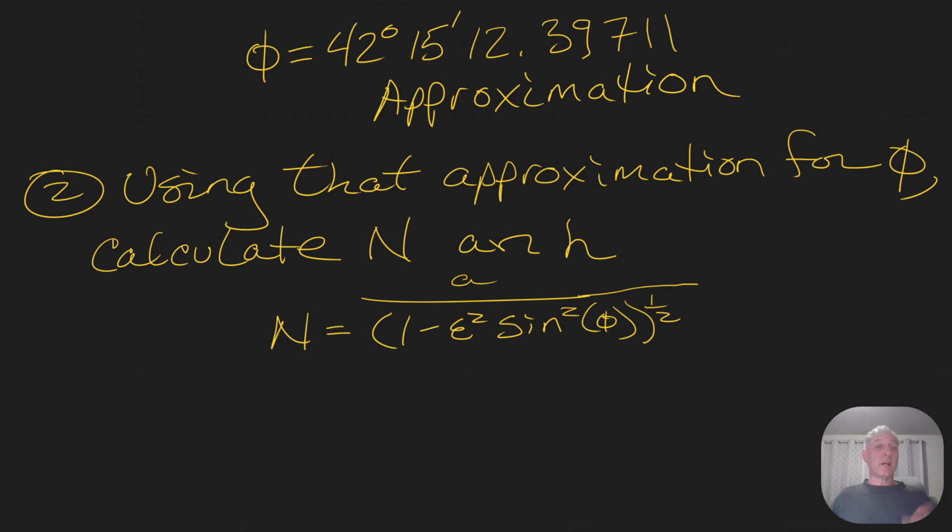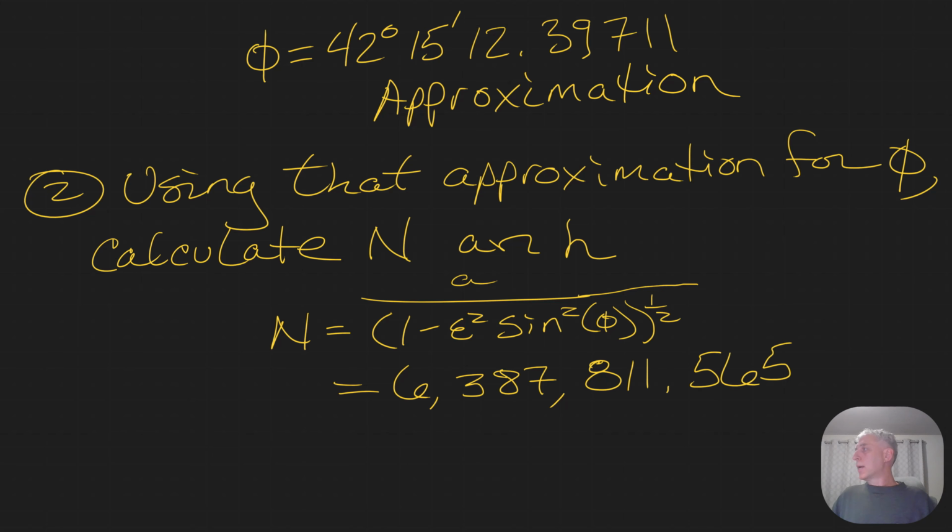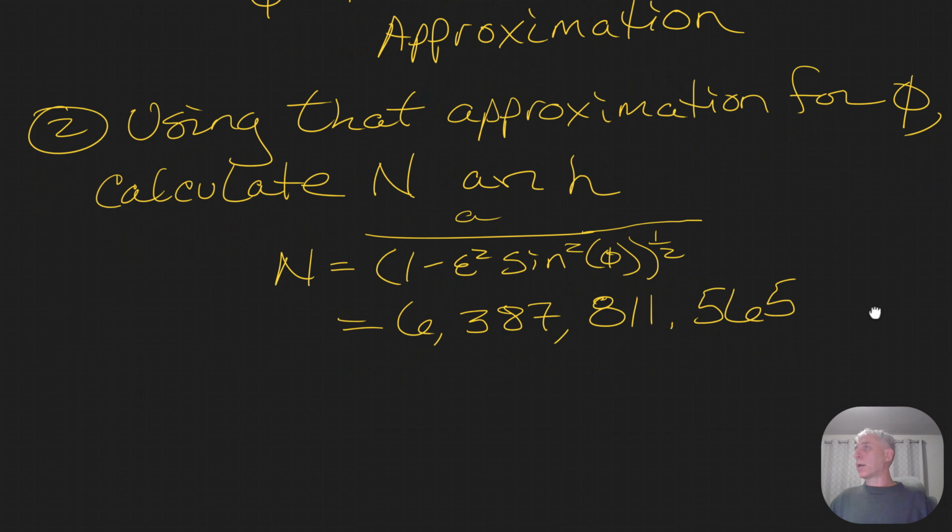So once we plug in our values, we get n equals 6387811.565. And since we have our n, we can now get our height.